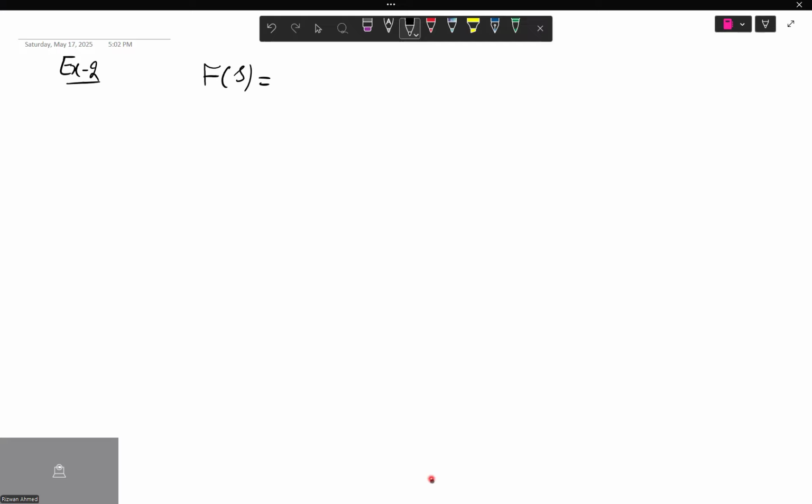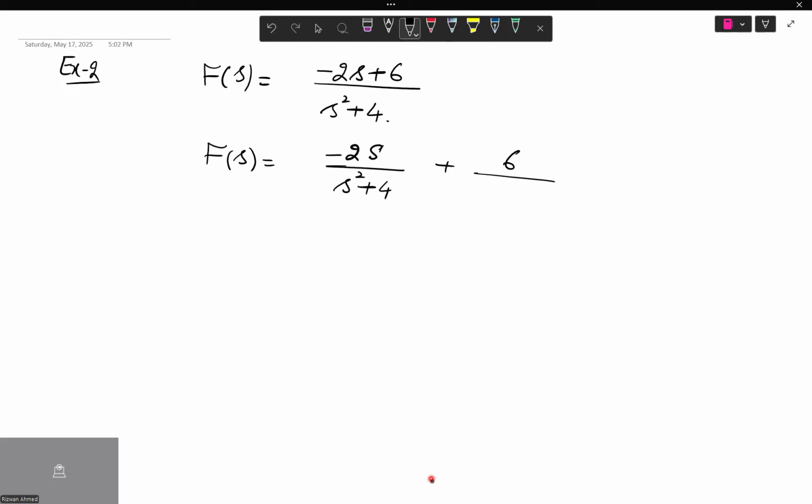F of s is minus 2 times s plus 6, divided by s squared plus 4. So the expression can be simplified: minus 2 times s over s squared plus 4 plus 6 over s squared plus 4.